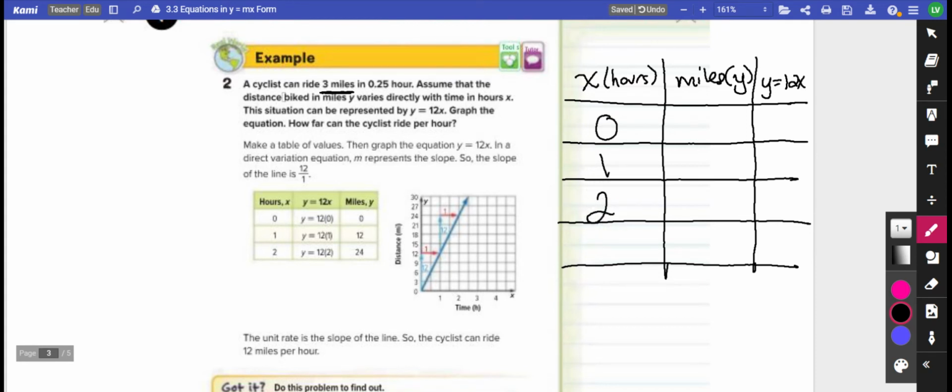So when I plug in my 0 into the equation, y equals 12 times 0, that means that my y value becomes 0. I apologize, I said 12 earlier. So 0 hours, 0 miles.